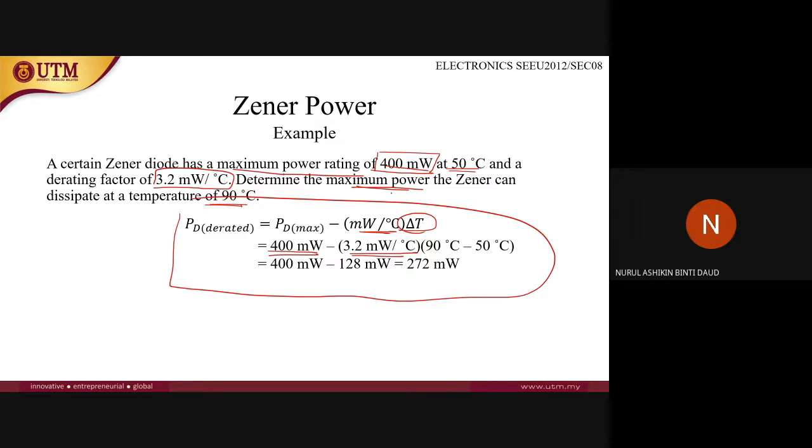The question asks for the maximum power the Zener can dissipate at a temperature of 90 degrees, so 90 minus 50 gives you 40. 40 times 3.2 gives this value, and you will get the answer: PD derated is 272 milliwatt. Always remember, for power, the unit is milliwatt.